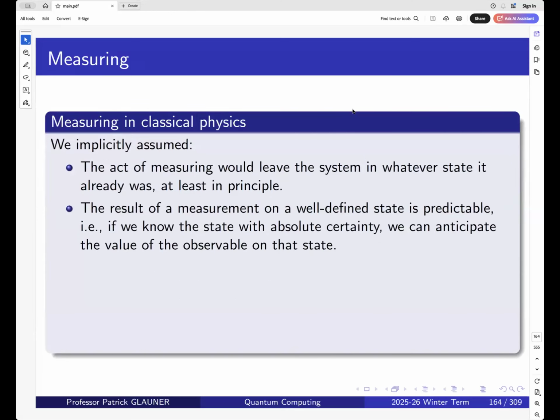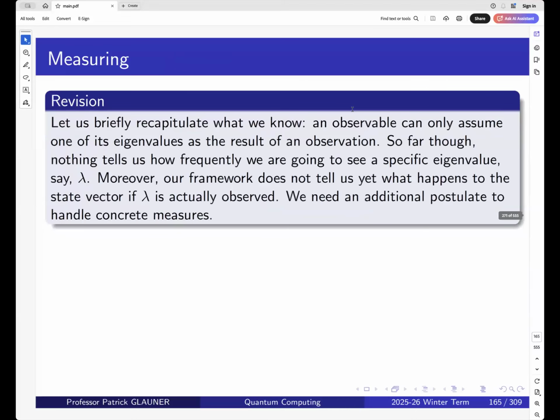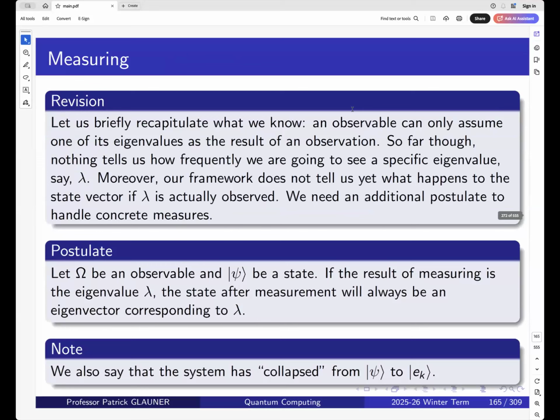And again, in quantum computing, this will be largely simplified because we just deal with zeros and ones. But when you do measurements on more generic quantum states, this becomes more complex. And it's actually related to the concept of observables. Something you will see is that our quantum system will always collapse from some state to some eigenvector of the observable.